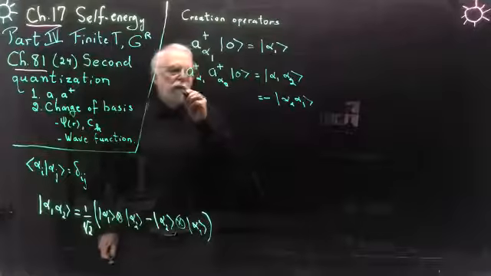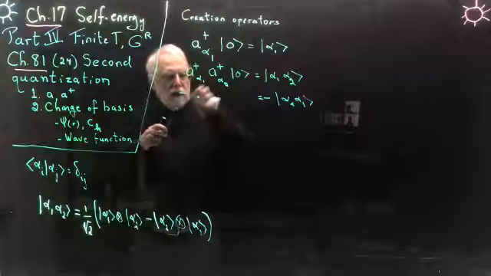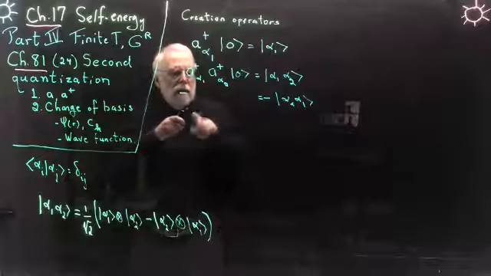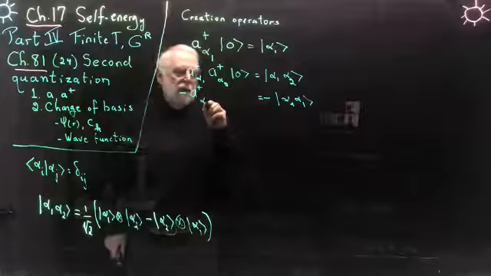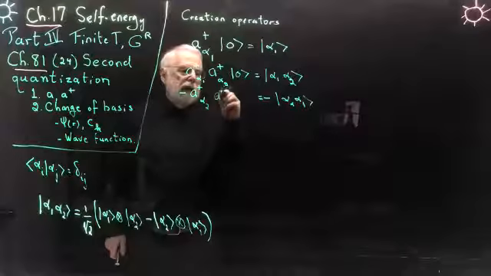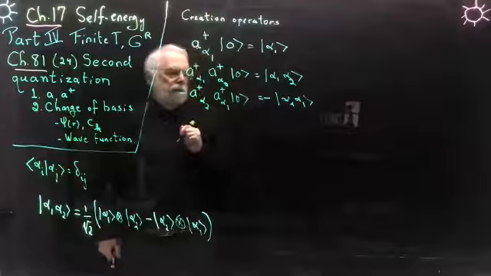So this is equal to minus A dagger alpha 2, A dagger alpha 1 acting on the vacuum.